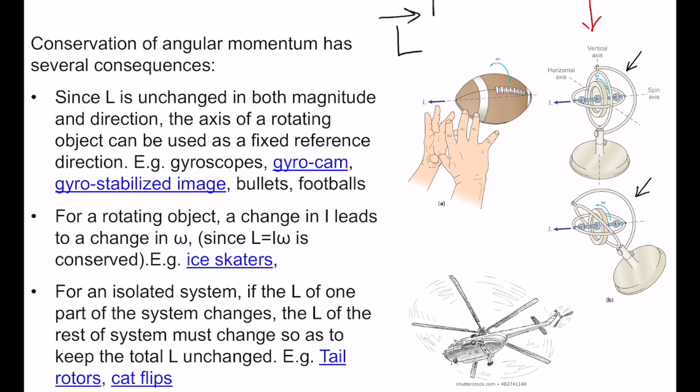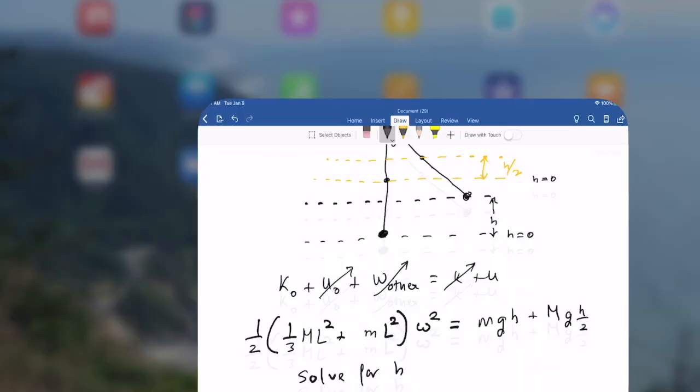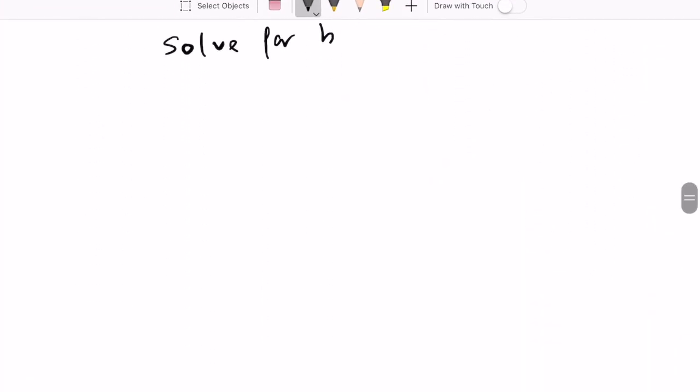Now, let me just mention one other thing here, which I don't remember if I mentioned earlier. Suppose an object is rotating. Actually, let's use a different example.